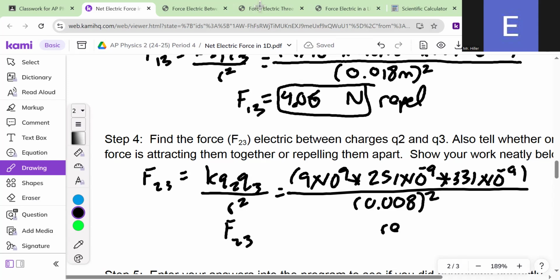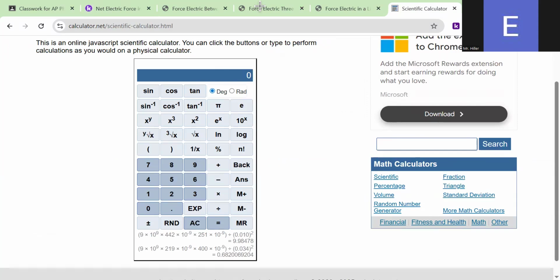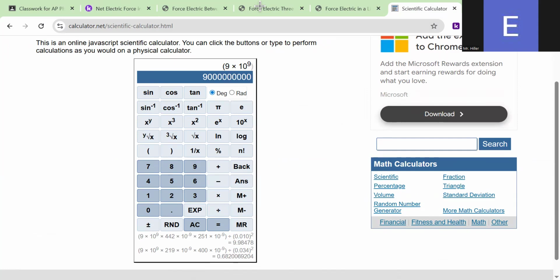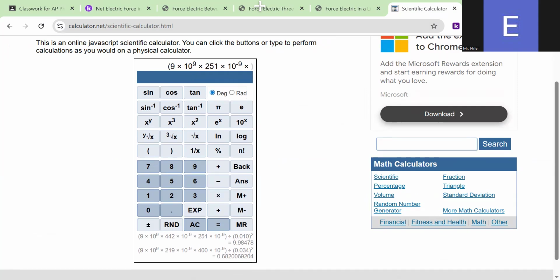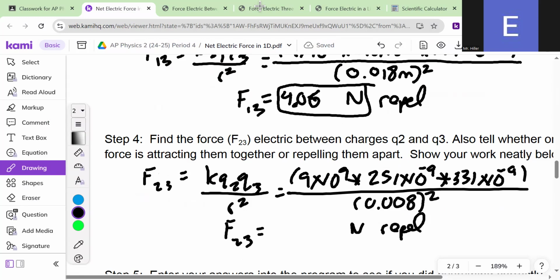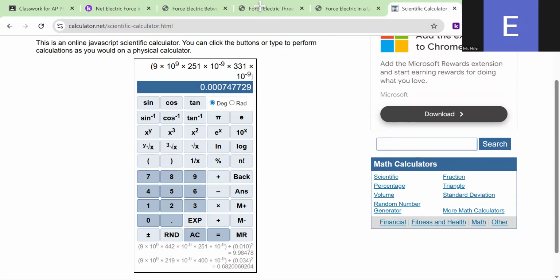Again, two positive charges will repel each other. But let's figure out the magnitude of the force. We will go open parentheses 9E9 times 251 times 10 to the negative 9 times 331 times 10 to the negative 9, close parentheses, divide, open parentheses, 0.008 quantity squared. And I'm getting about 11.68.